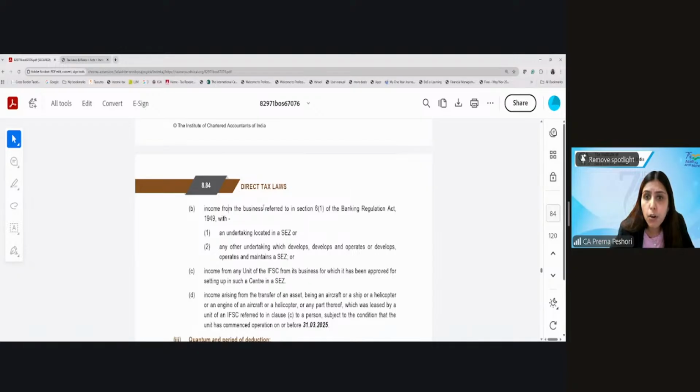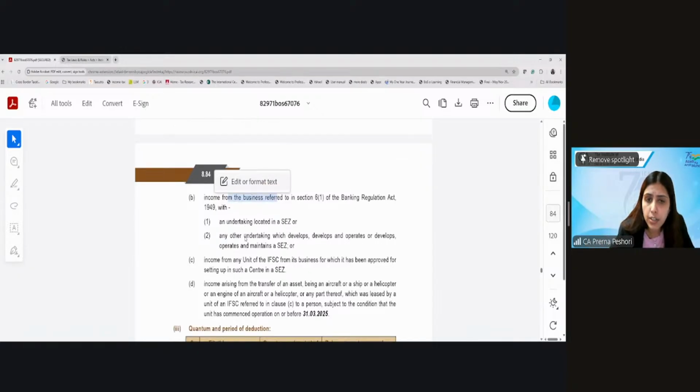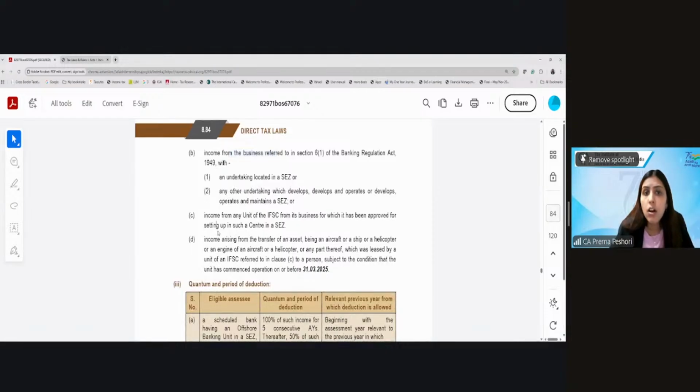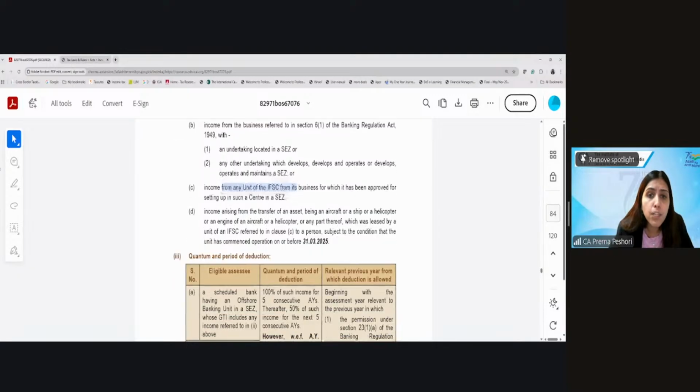unit, or the income of the bank as per the Banking Regulation Act for an undertaking located in SEZ, and which develops or operates or maintains an undertaking in SEZ, income from any unit of the IFSC from the business it does in the IFSC, or income from the transfer of the aircraft or ship or helicopter or an engine of an aircraft or helicopter which was leased by a unit of IFSC if they have commenced the operation before 31st March 25.